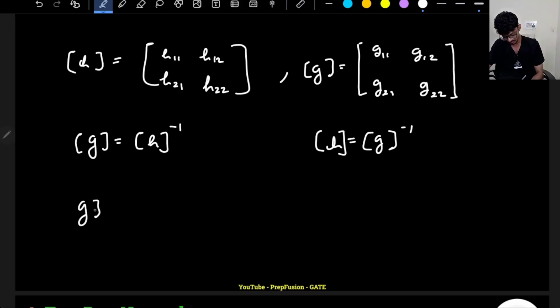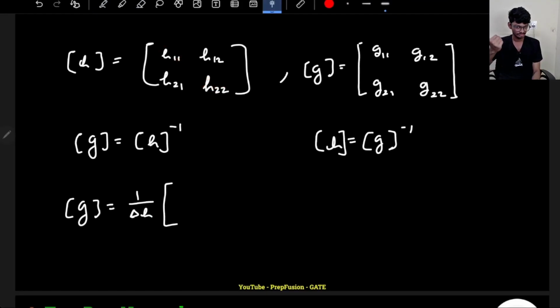If I do it, the G parameter will be equal to 1 by delta H, the determinant of the matrix, then of course the main diagonal elements will be swapped. I hope you know how to find the inverse of a matrix.